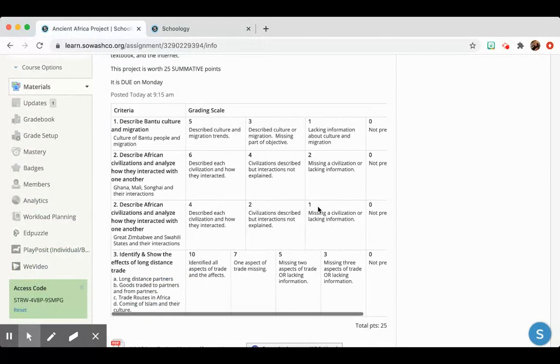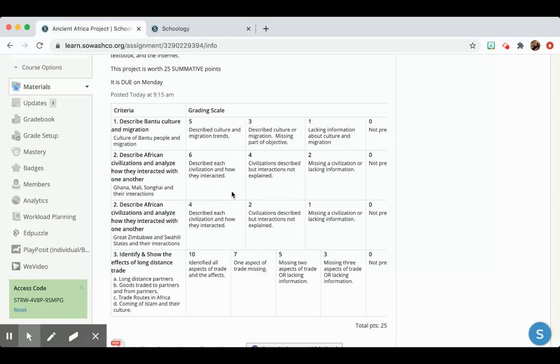Here's a rubric that shows how your project will be graded. Again, objective number 1, to describe Bantu culture and migration, is worth 5 summative points. Objective number 2, describing the African civilizations of Ghana, Mali, Songhai, Great Zimbabwe, and Swahili states, is worth 10 summative points.